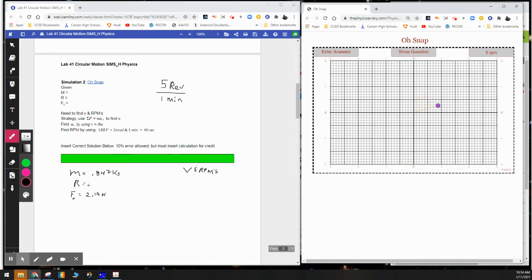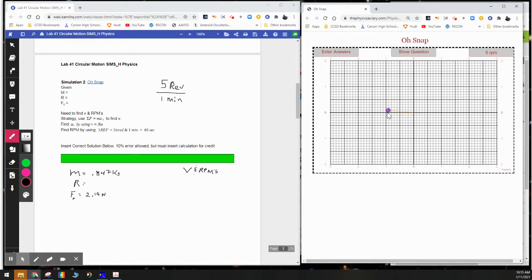Let's hide the question here. First things first, we can get the radius. I'm going to see where it goes. I'm going to say about right here. Each one of these is 0.1 meters.